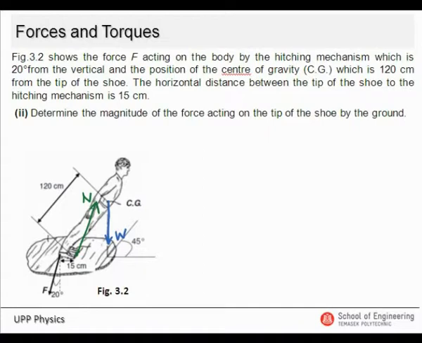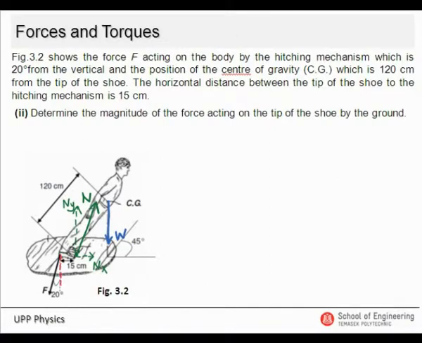Next, we shall proceed to resolve the forces N and F. So, resolving N, the contact force, horizontally, this horizontal component I'll call Nx, and the vertical component I'll call Ny. Now, previously we already resolved force F into the horizontal and vertical directions, but nevertheless we shall redo it again.